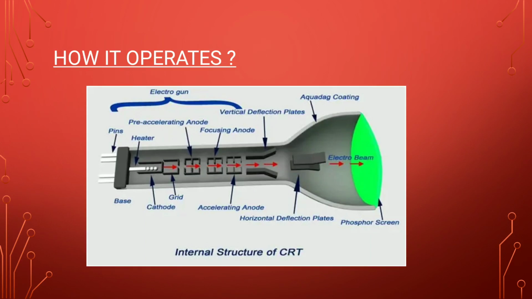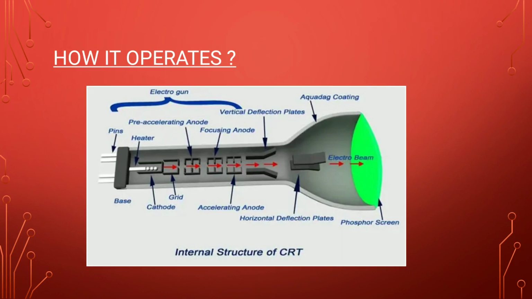Vertical deflection plates deflect the electron beam in the upward or downward direction on the screen, and horizontal deflection plates deflect the electron beam in the right and left directions. If an electron comes out of its path, the aquadag coating repels it and helps it come back to the focusing path.